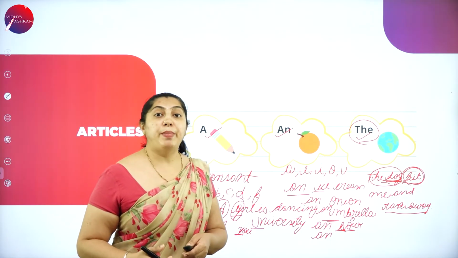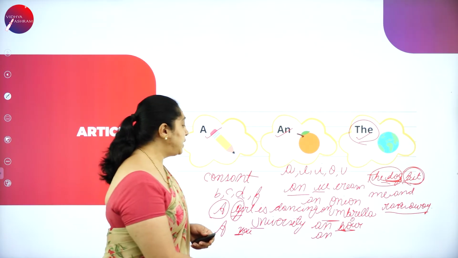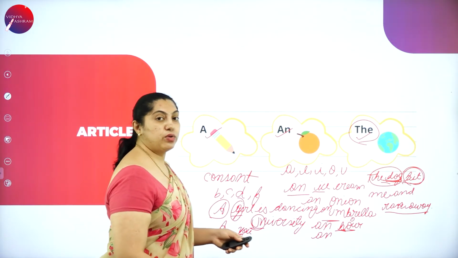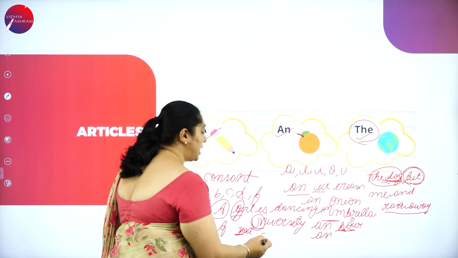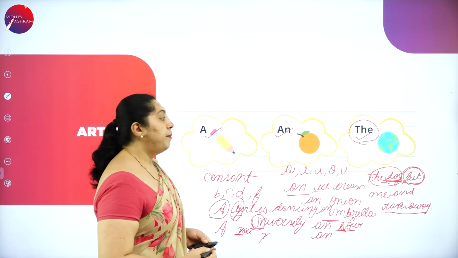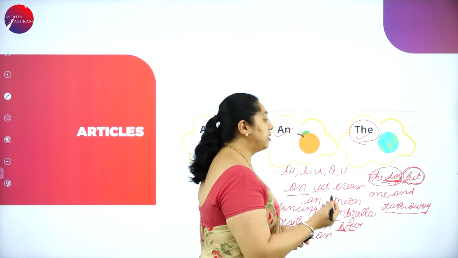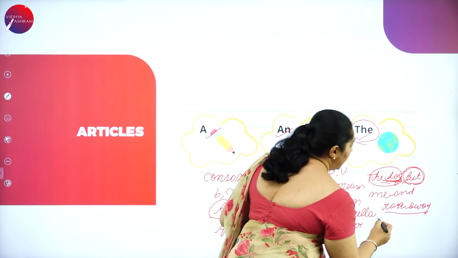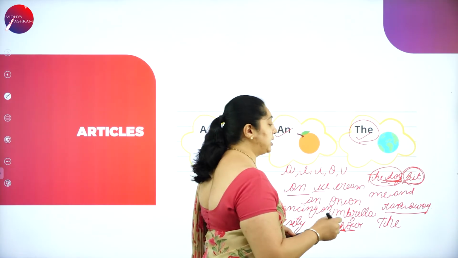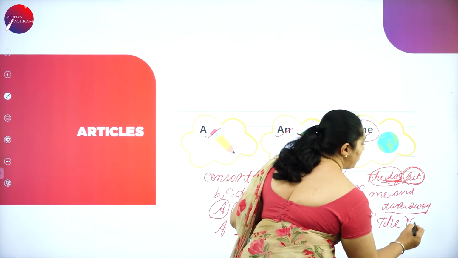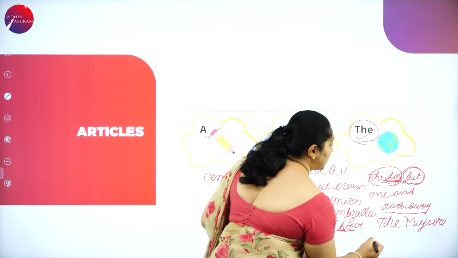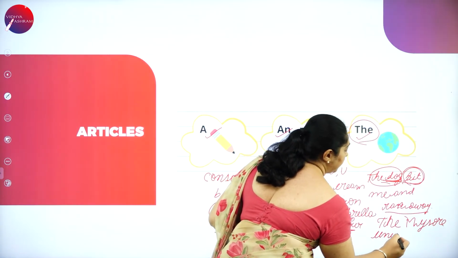And one more example I would like to give here is the university. When we pronounce this word, it sounds like Y. So we use the article a there. But when I'm specifying a particular university, like Mysore, then it's the Mysore University.